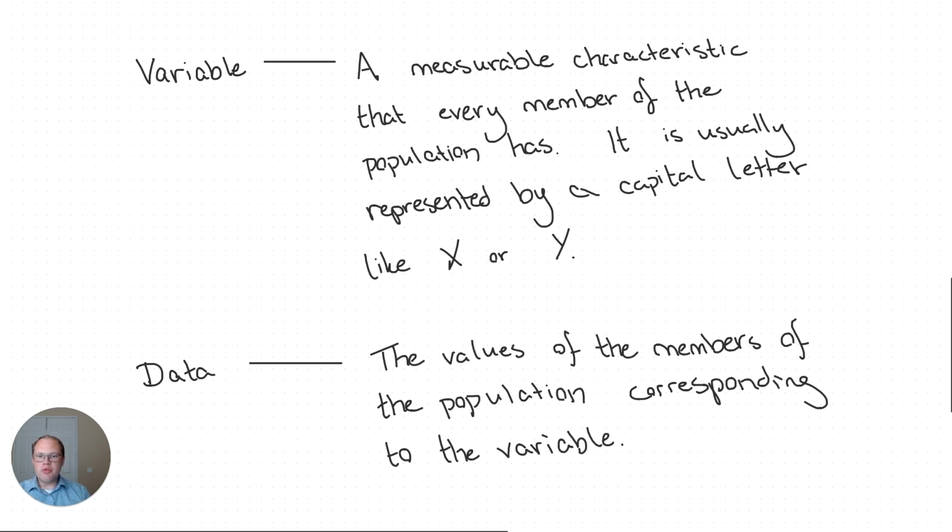Okay, so the variable is the same for everyone. That's what we are measuring. It's kind of like a description of what we are measuring. The data are the actual measurements. So try not to confuse the two.